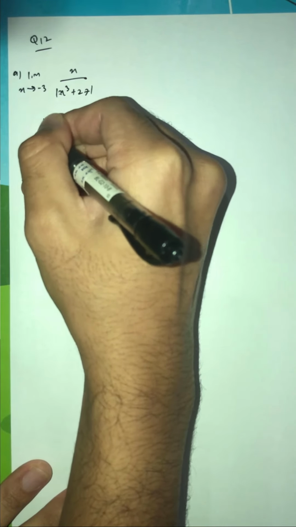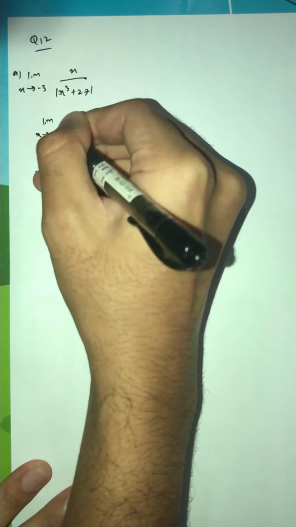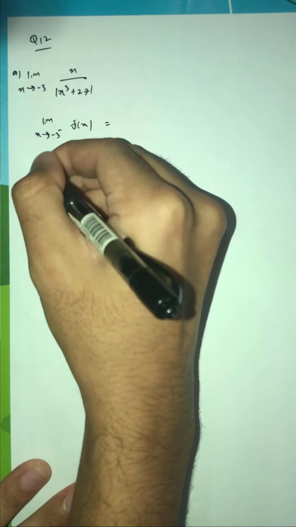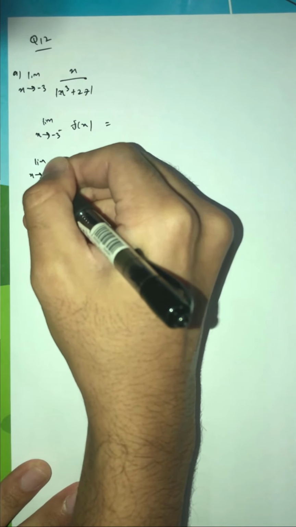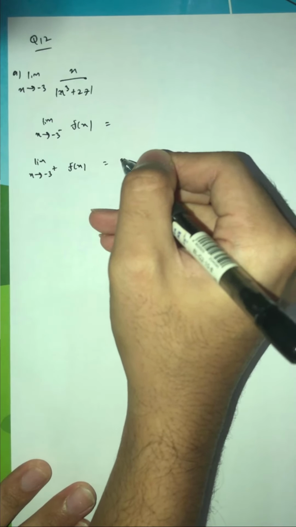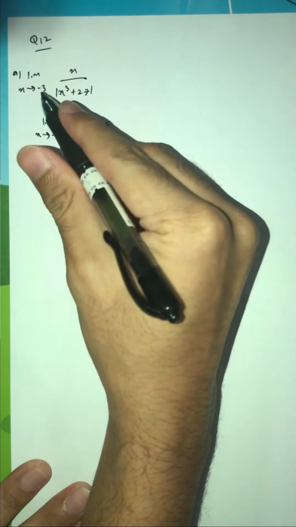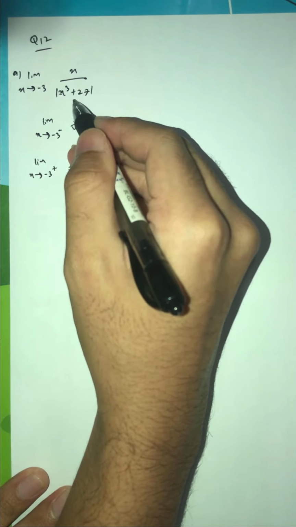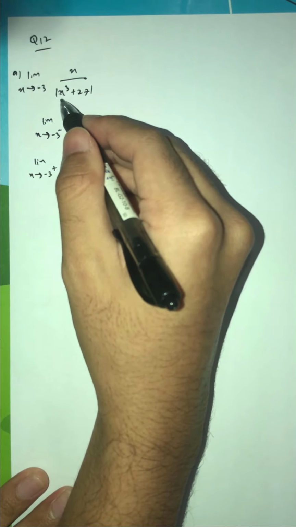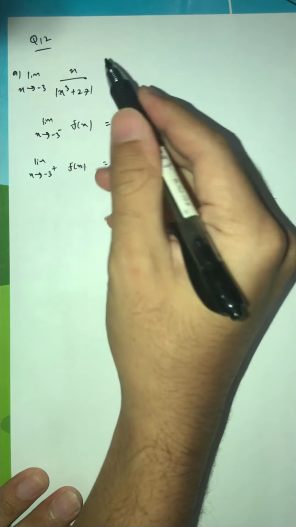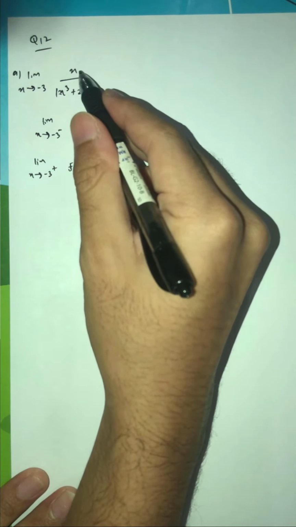So we find the limit as x approaches negative 3 from the left of this function, and the limit as x approaches negative 3 from the right of f(x), which is what? So you need to plug in values near negative 3, but be sure that if the bottom part is negative, make it positive because of this modulus. Just the top part should be affected by the negative value.